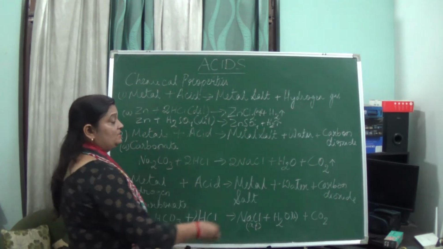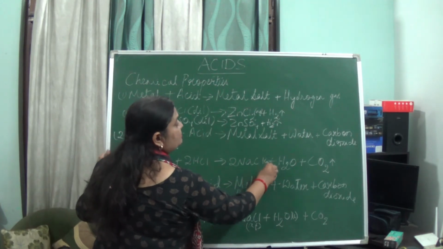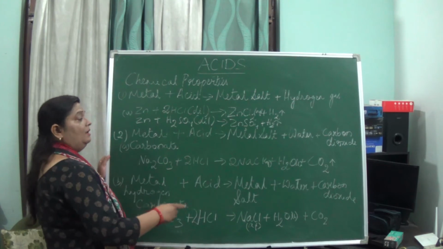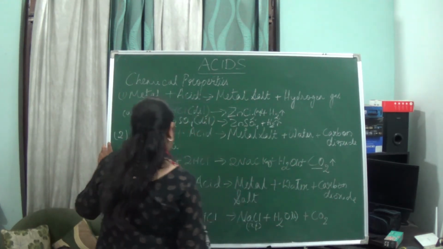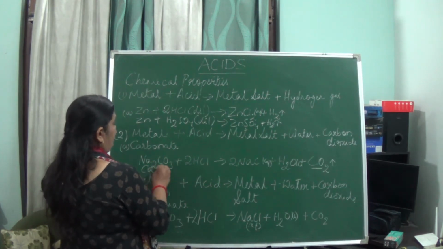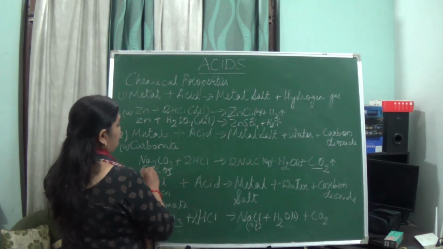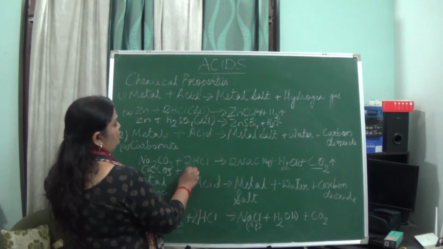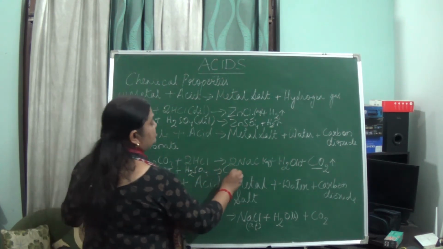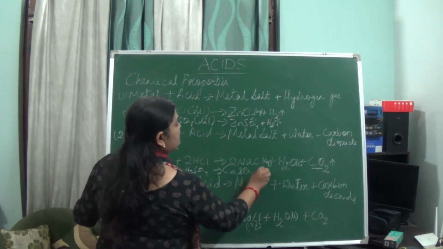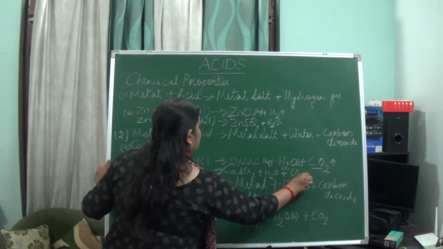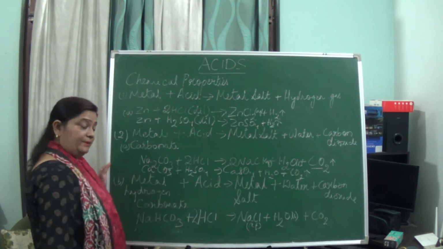This will be in the aqueous form, this will be in the liquid form. You can see which gas is liberated: carbon dioxide. You can also take the example of calcium carbonate, CaCO3 plus H2SO4. You will get CaSO4 plus H2O plus CO2. So this carbon dioxide is liberated.